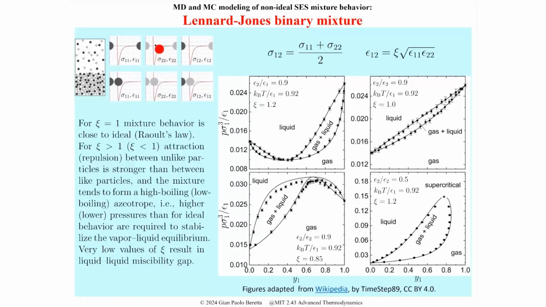And then for the depth of the Lennard-Jones valley, you use the geometric mean of the pure component ones. But then you also use an adjustable parameter xi.